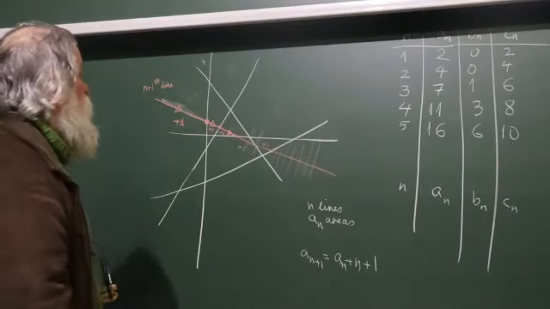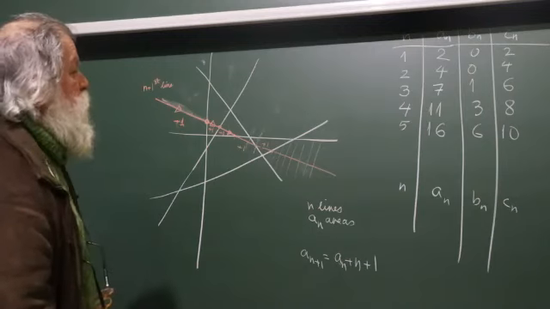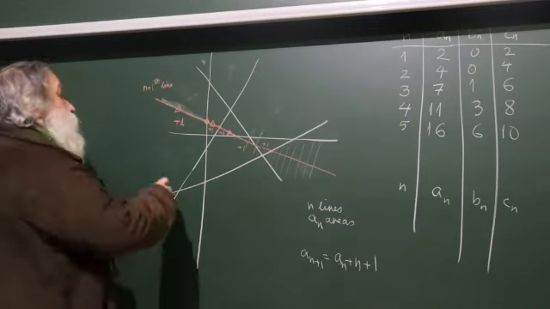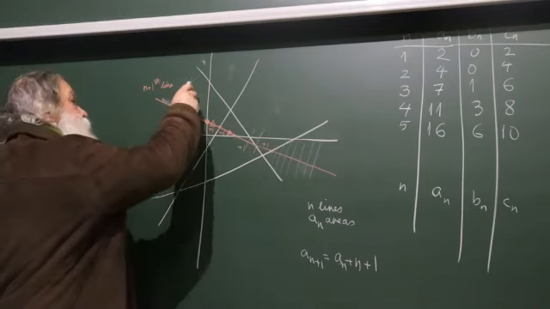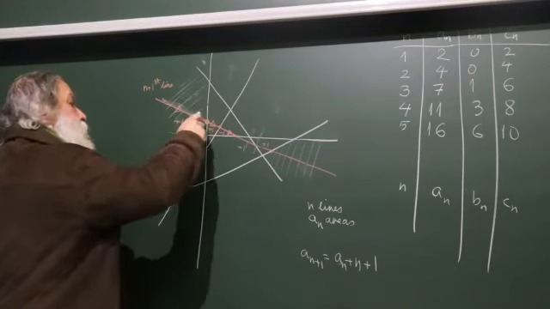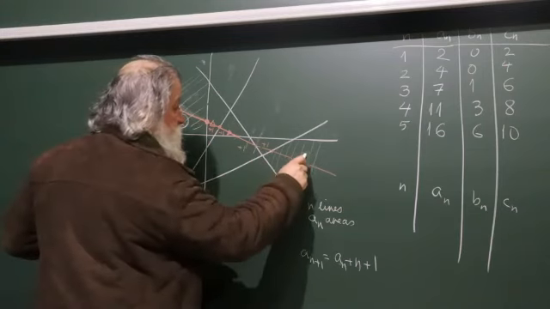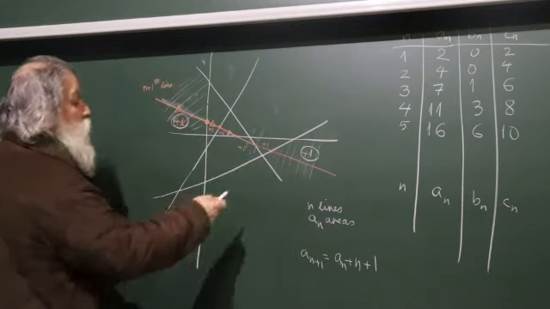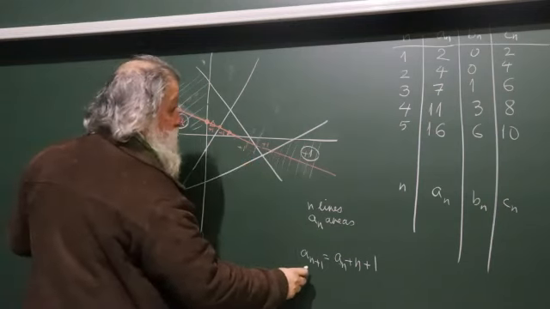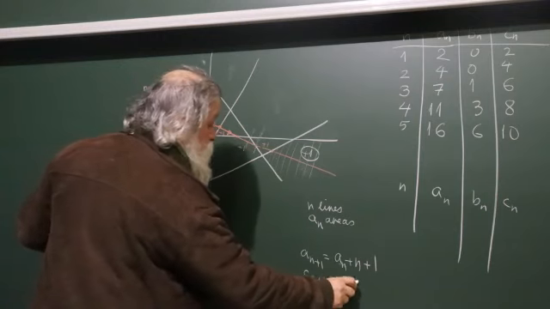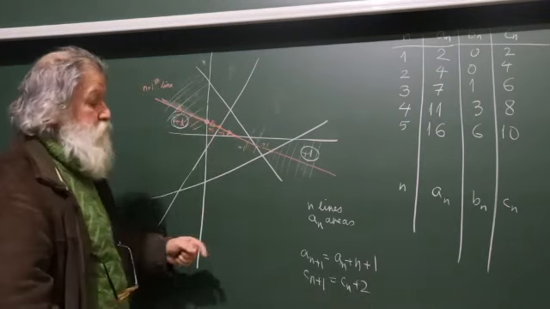Okay, and what about for Bn? For Bn, for bound ones, for unbound ones. You get a new unbound one here. A new one. And you get a new one here. You get 2 more. So C(n+1) is equal to Cn plus 2. Yeah, 2 more each time.